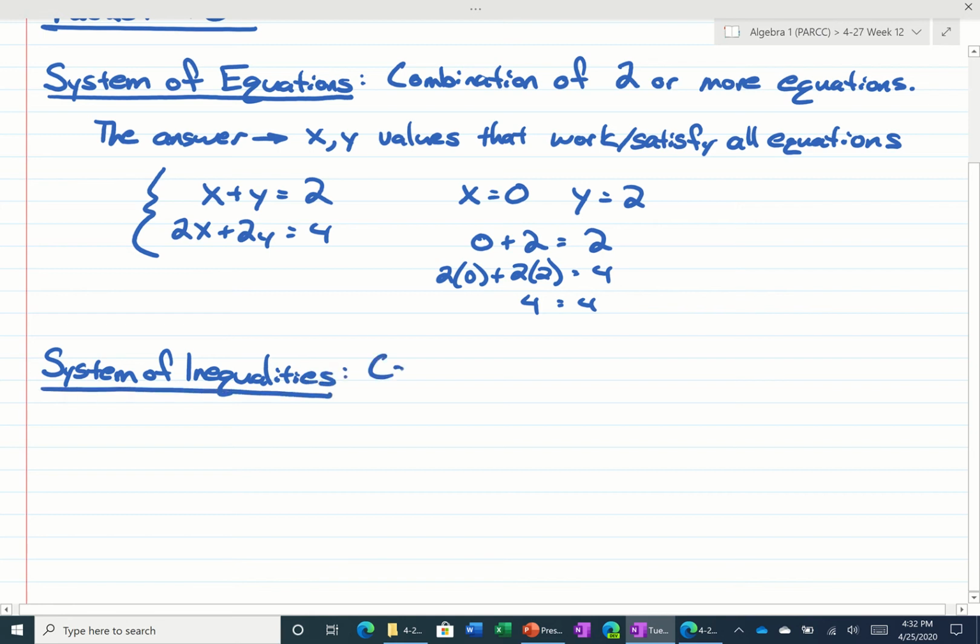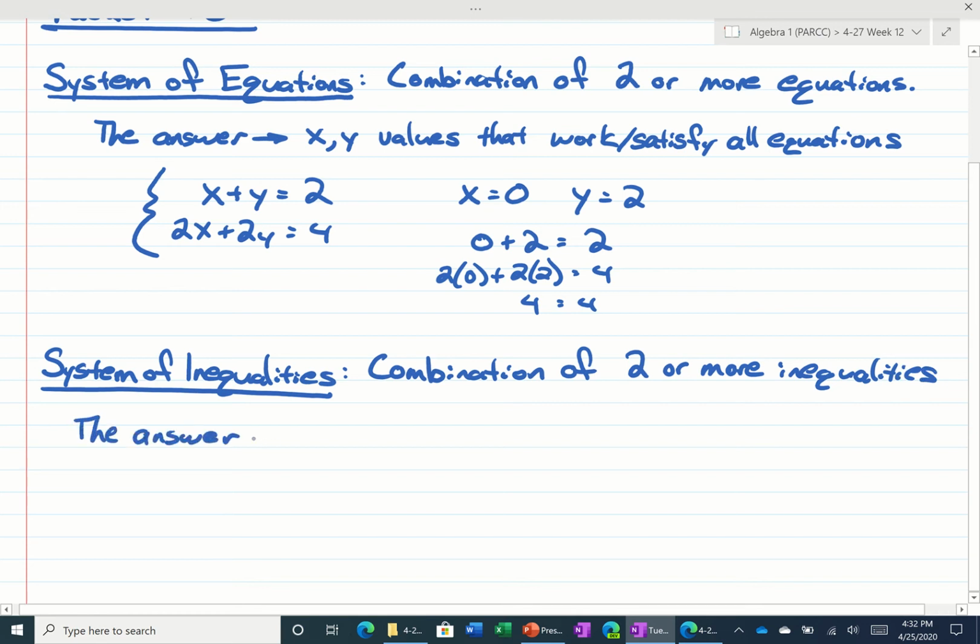Now, a system of inequalities is a combination of two or more inequalities, and the answer are going to be x and y values that work or satisfy all the inequalities.